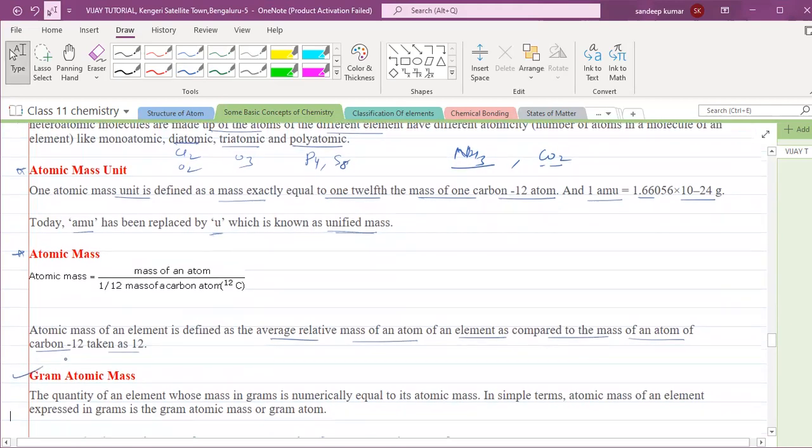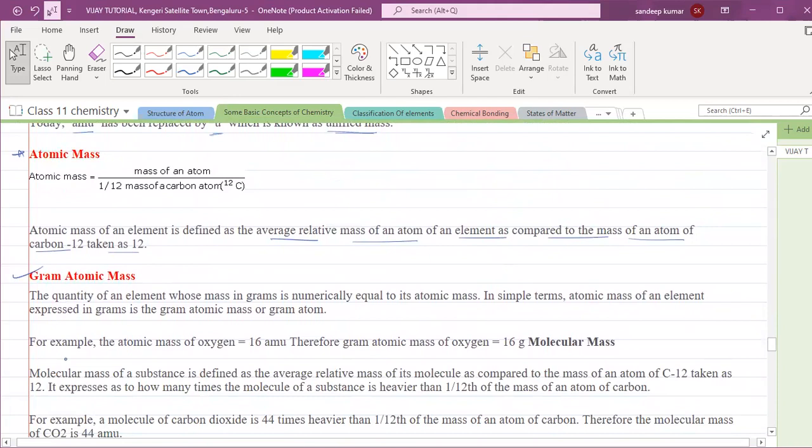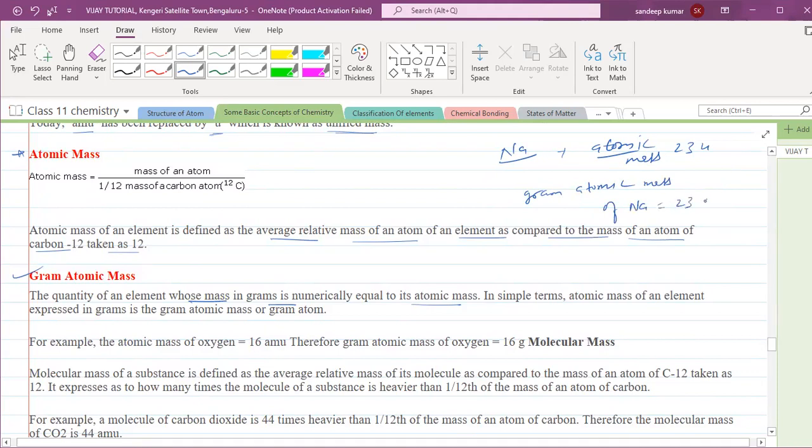Gram atomic mass: if the atomic mass is expressed in gram, it is called gram atomic mass. So the quantity of an element whose mass in grams is numerically equal to the atomic mass. For example, for a sodium atom, the atomic mass is 23 u, and the gram atomic mass of sodium we can write as 23 gram.